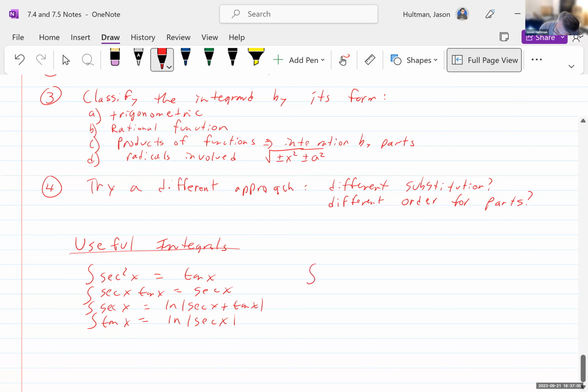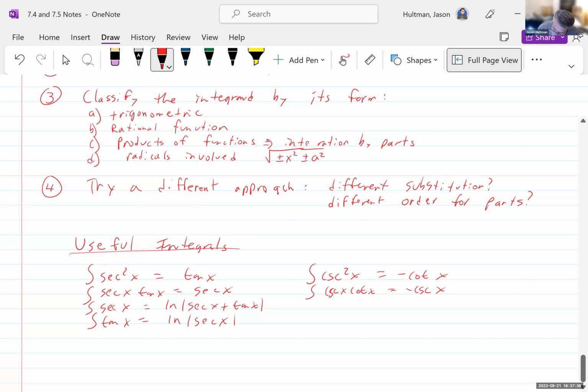The integral of cosecant squared x is negative cotangent x. The integral for cosecant cotangent is equal to negative cosecant x. Yeah, I'm leaving off the dx's and the plus c's, but you know, you get the idea.